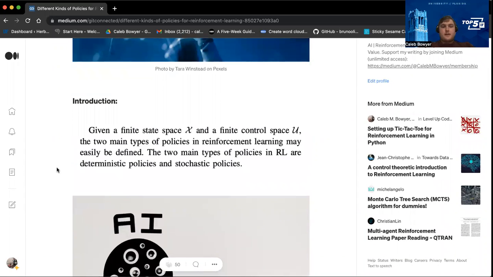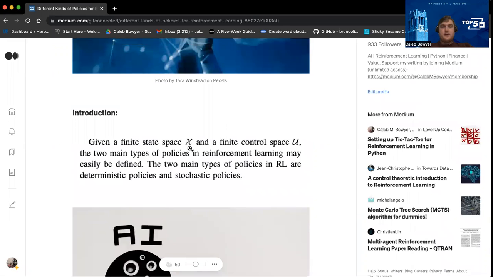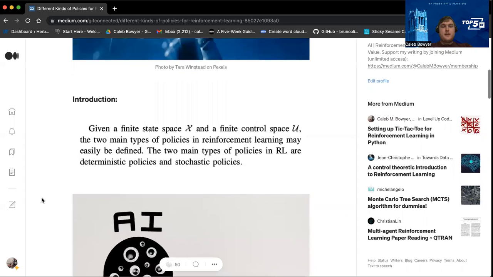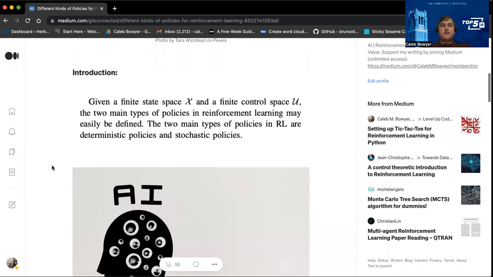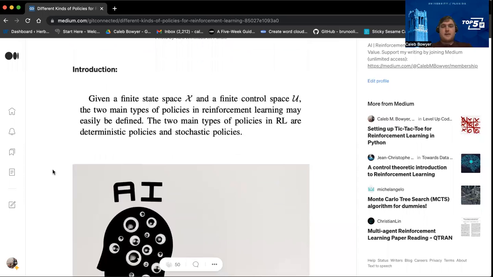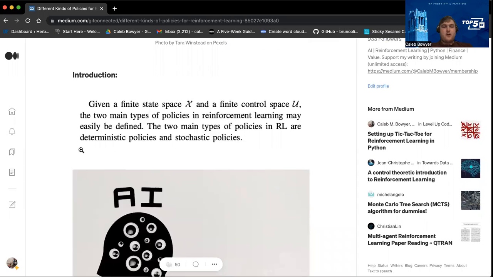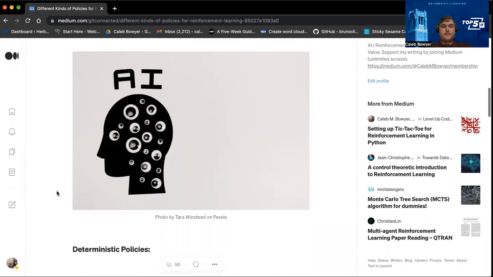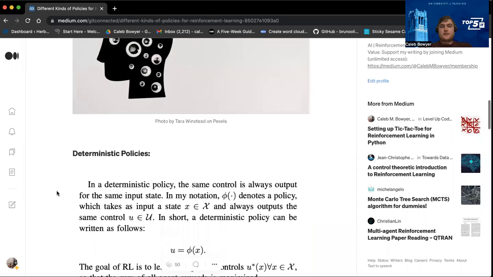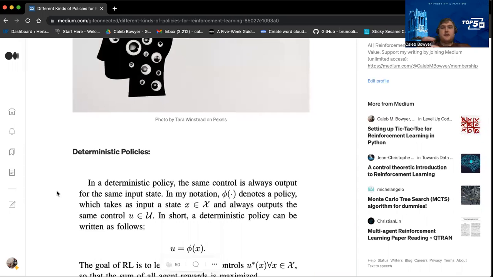Introduction. Given a finite state space script X and a finite control space script U, the two main types of policies in reinforcement learning may easily be defined. The two main types of policies in RL are deterministic policies and stochastic policies. First, let's cover deterministic policies, and then I'll pivot and discuss stochastic policies.